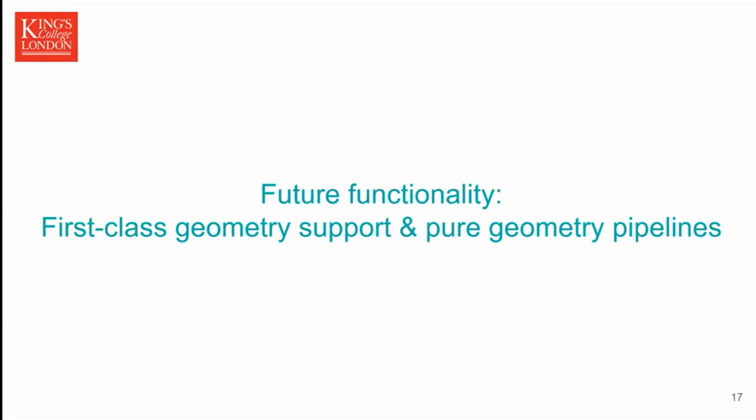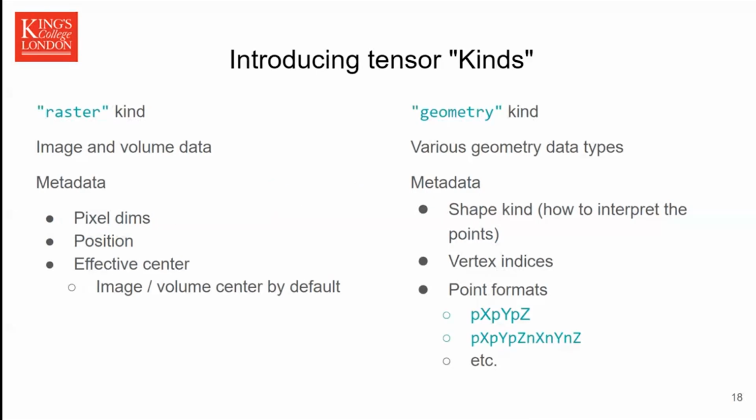Where we want to go in the longer term is to have geometry as a first-class tensor type that we can support as a pure geometry pipeline. So we don't actually need to have geometry specified relative to raster data such as images and volumes. I should caveat all of this.